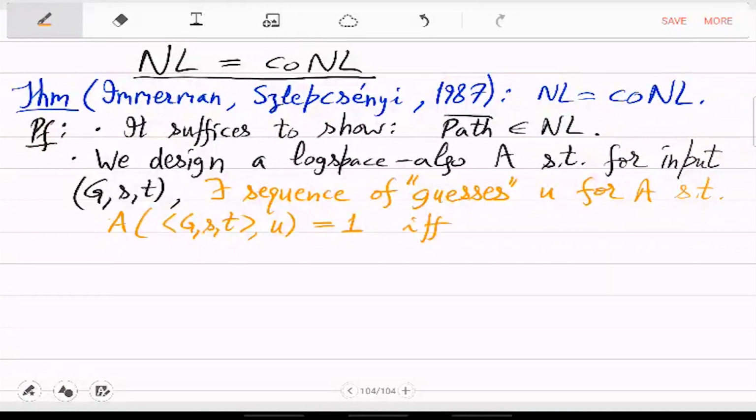A will accept if and only if from S to T there is no path.